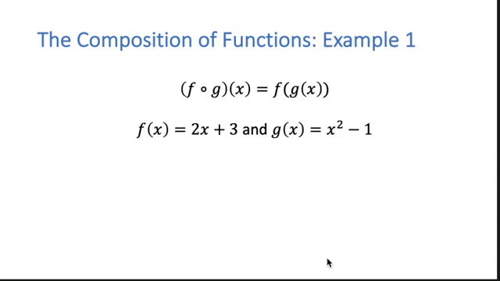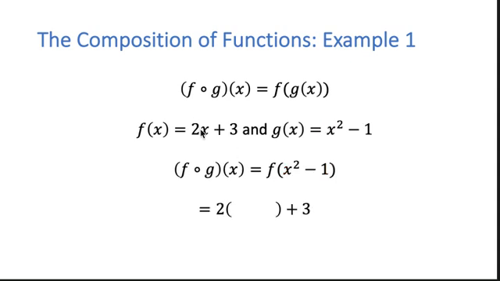So if we take these two functions, f of x is equal to 2x plus 3, and g of x is equal to x squared minus 1, well then, f of g of x means to find f of x squared minus 1, because g of x is equal to x squared minus 1, and we're plugging the g function into the f function.